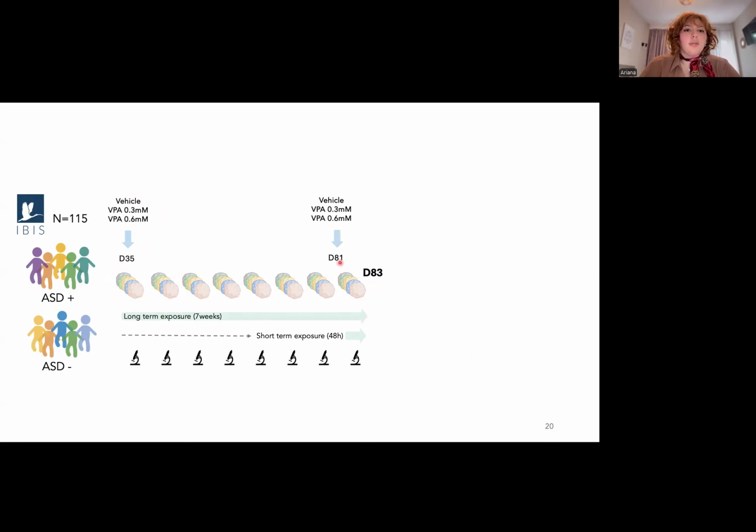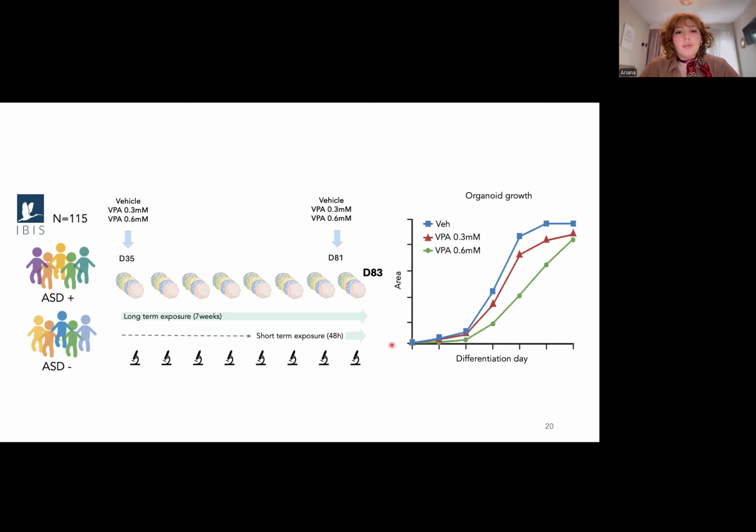Then for a short-term exposure, we expose the organoids at day 81, just 48 hours before collection. And because we have the bright field imaging, we can look at the cross-sectional area of these organoids and see how they respond to the 2 doses of valproic acid.